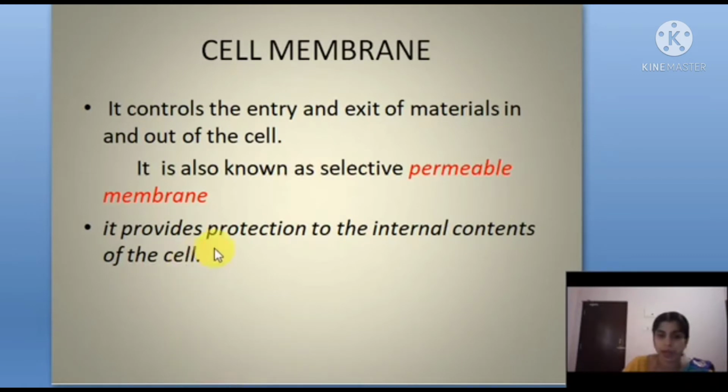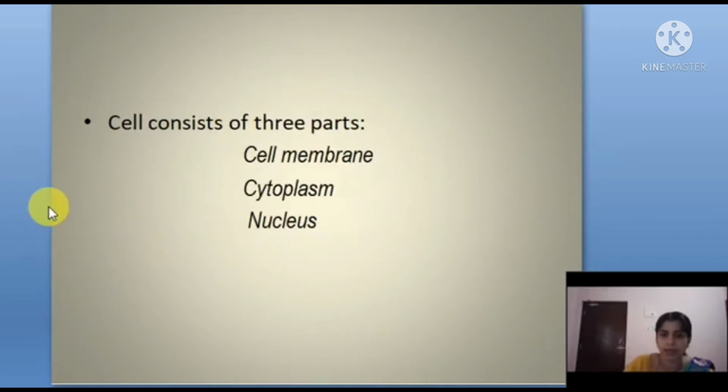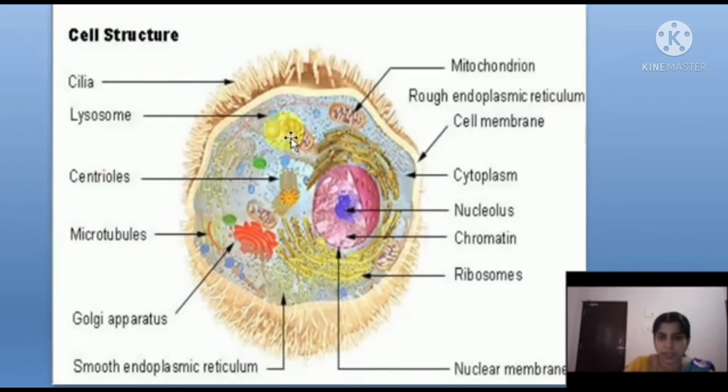That's why it is also known as a selectively permeable membrane. It also provides protection to the internal contents of the cell. See, these are the internal contents, and all these are protected by the cell membrane.